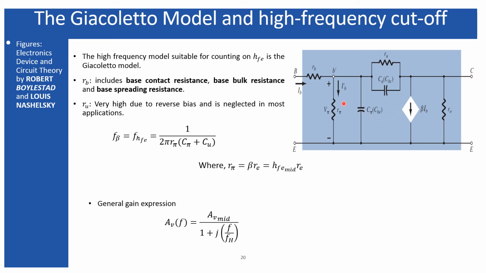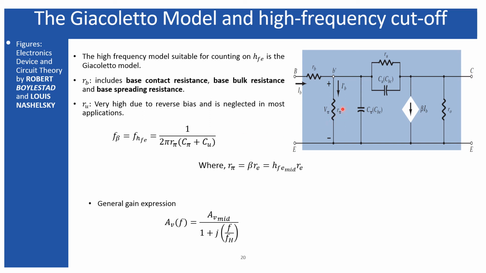This model includes this additional resistance Rb, which appears between the physical contact of the base and the internal contact of the base. The physical contact is the contact available for the designer, and this base contact is internal to the active region of the base. And this resistance includes the base contact resistance, the base bulk resistance, and the base spreading resistance due to the active region.